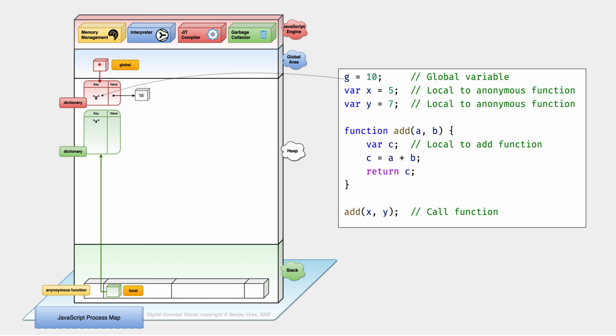So let's say x that we are defining here. x is again a key in a dictionary which is part of a stack frame. The value we are assigning is, of course, the value in that dictionary. Similarly, y is another variable in the same dictionary.